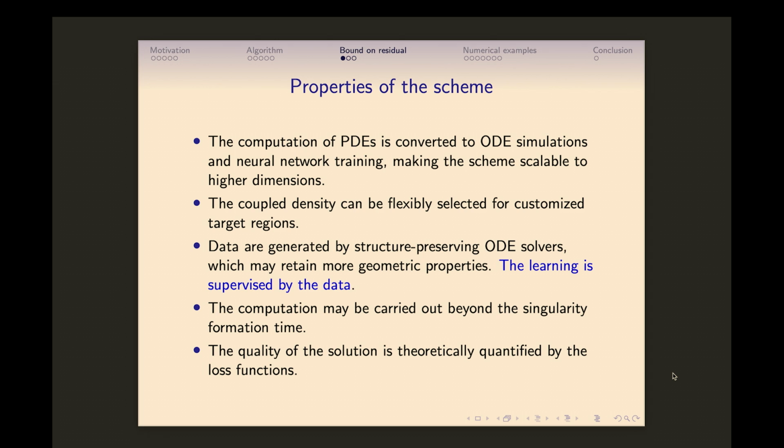But at least, because it's an ODE simulation, even if you have maybe 10,000 particles, each one of 20 dimensions, you can still compute it on a regular computer. It's not something you cannot compute. So that's the reason why I say at least it allows you to scale up in dimension, because the real computation is really done at the ODE level.